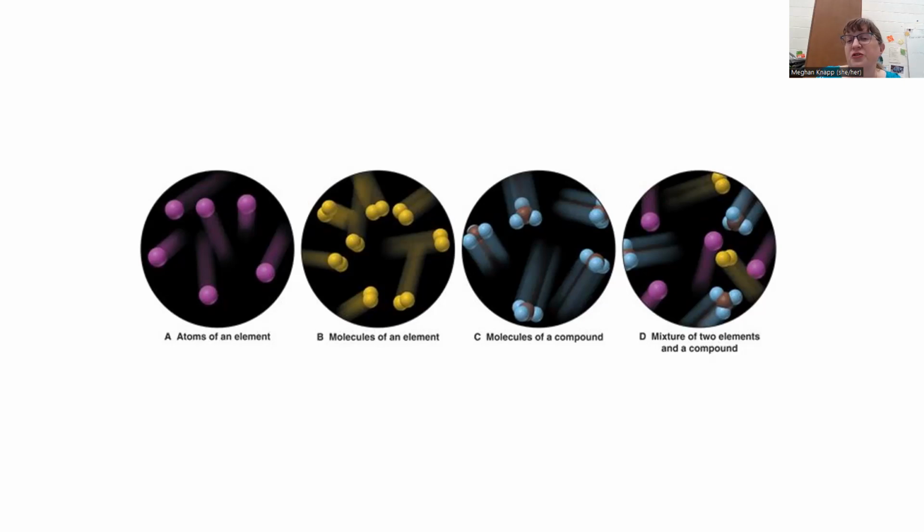So a mixture differs from a compound because not all of the molecules are the same. We have different kinds of molecules. And so using physical processes, things like boiling or filtering or evaporating off of a liquid, we can separate out the molecules of one kind of substance from the molecules of another kind of substance. So those are the distinctions that we make.